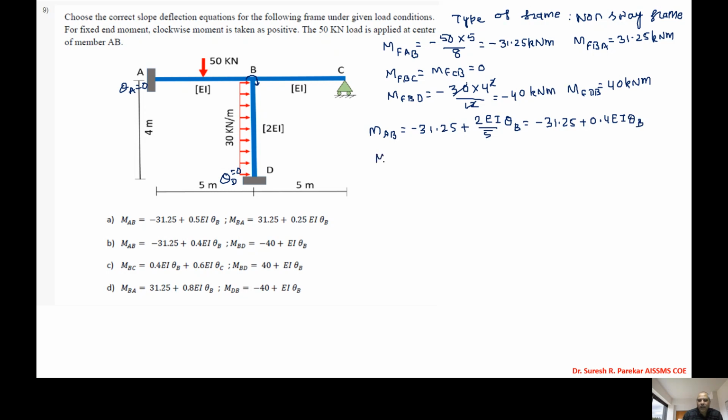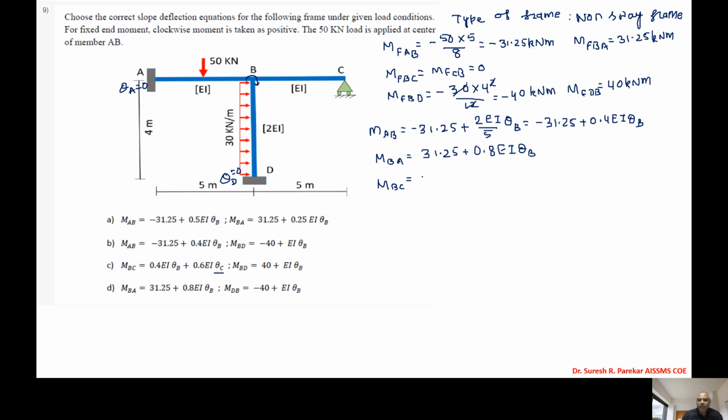Then we go to MBA. We have exactly double the value of theta B, because 4 EI theta B goes to 0.8 EI theta B. Then we have MBC here. We will not use the modified equation because we have to find the equation in which we have theta C also.